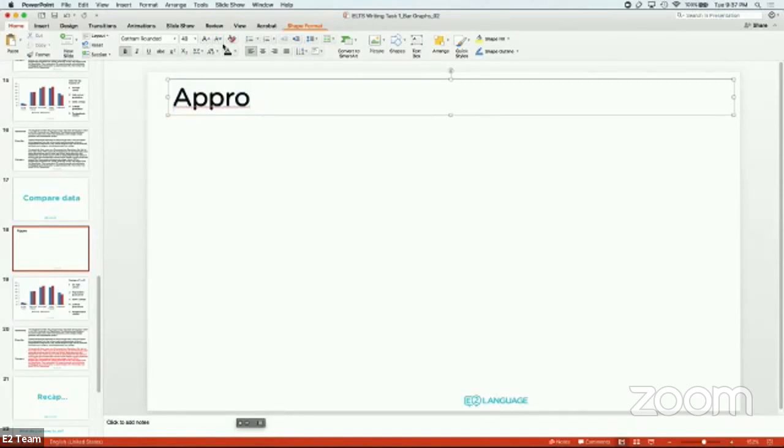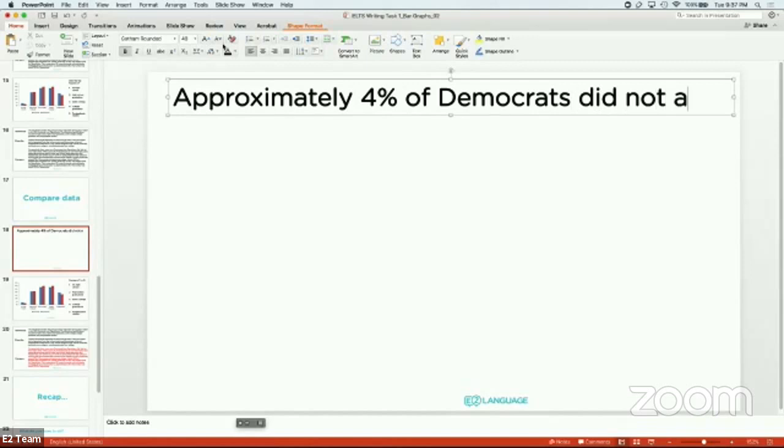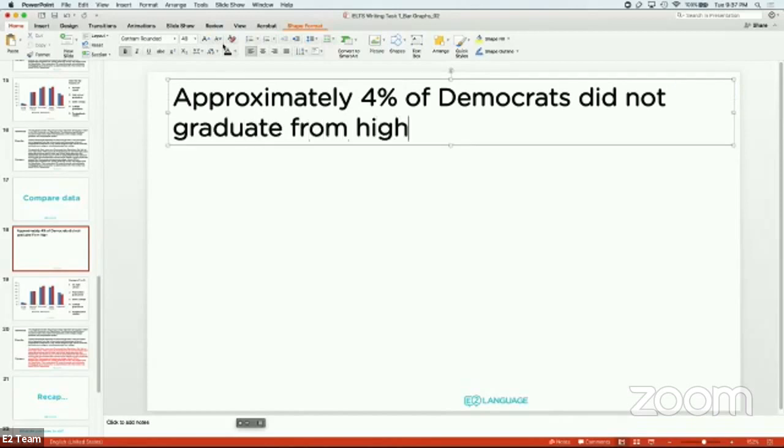Let's say approximately 4% of Democrats did not achieve or did not pass. That's my verb, did not pass, did not achieve, or did not graduate from high school. Approximately 4% of Democrats did not graduate from high school.